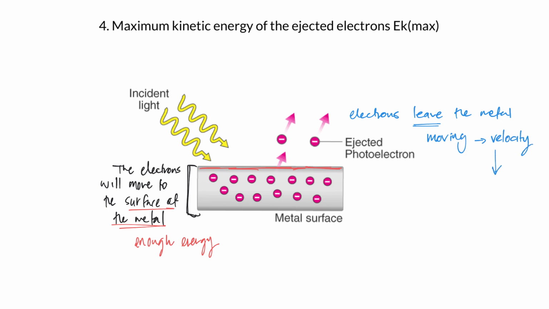And if they have velocity, they will have kinetic energy. Right? So what I'm seeing here in this motion of the electrons leaving is kinetic energy. So the goal here is to get enough energy to not just get them to the surface, but to get them to leave the surface.